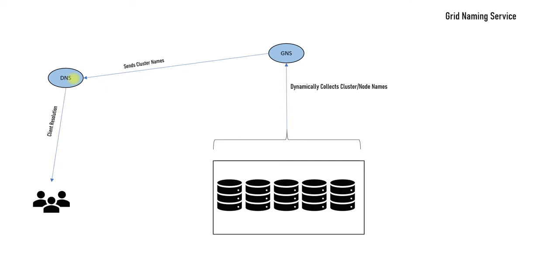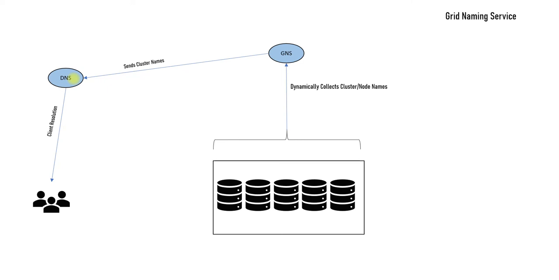But in a real environment it all needs to be communicated to the network engineer, and they will configure the SCAN name to the 3 IPs, so that when you query nslookup with the SCAN name, it will give you the 3 IP addresses. That's how it used to happen.